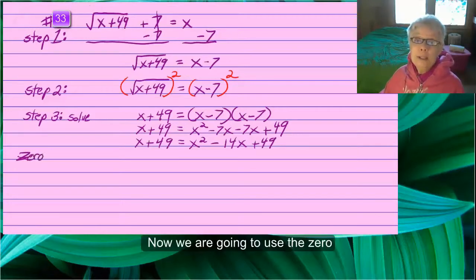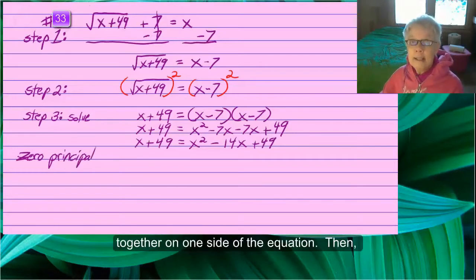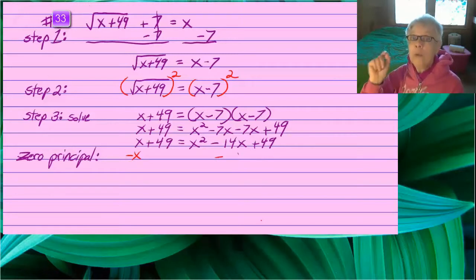Now we use the zero principle, which is to drag everything in the quadratic equation over to one side, set it equal to 0. Because you notice we have all three terms here. We have the A term, we have the B term, we have the C term, otherwise known as the quadratic term, the linear term, and the constant term.